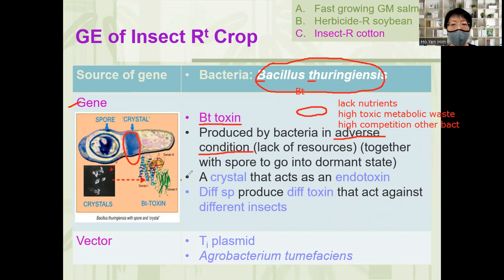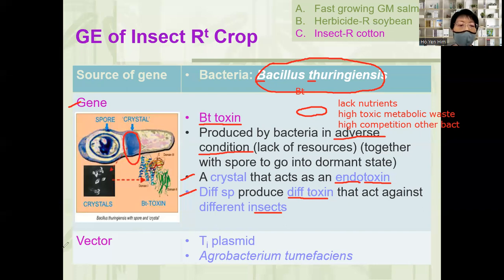This is a crystal that acts as an endotoxin. Endo means inside, toxin means toxic, right? Endotoxin means this toxin works inside the digestive tract of the larva. Different species of bacteria can produce different toxins that act against different insects. Bt bacteria can produce Bt toxin, which is effective against the larva that we mentioned just now.